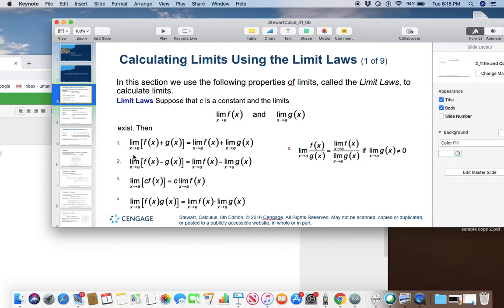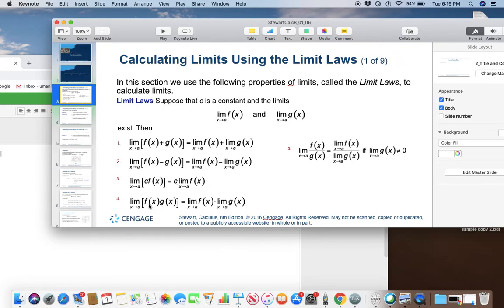Likewise, limit of the difference is difference of the limits. Suppose you multiply by a number c, which is a constant, so it is independent of x, then that c can come out. That's what this says. C simply comes out of the limit.